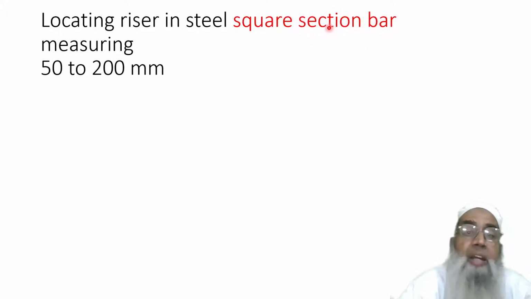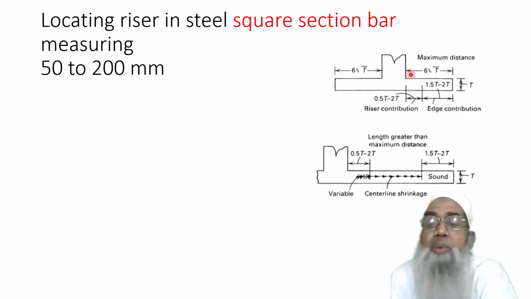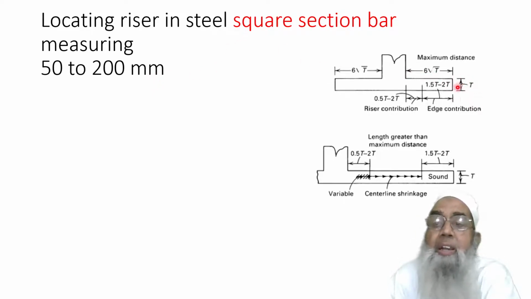Now if it is a square section bar measuring 50 to 200 mm, with side T, then 1.5 T to 2 T is due to the end contribution of the sand casting, while the riser can compensate up to 2 T, and the remaining portion, if any, will have center line shrinkage.